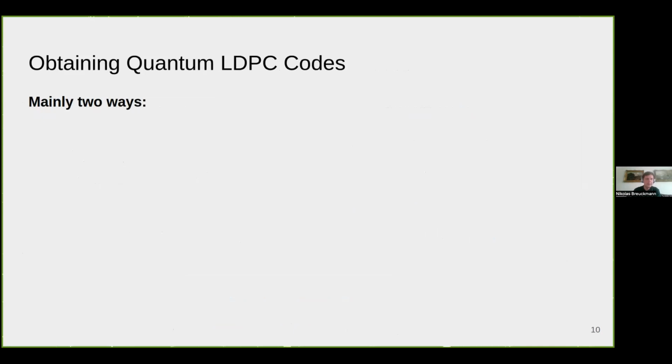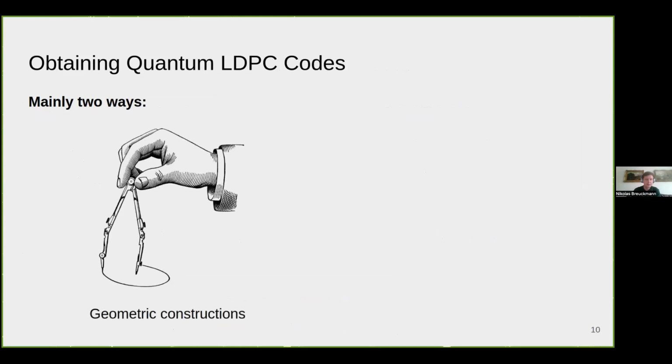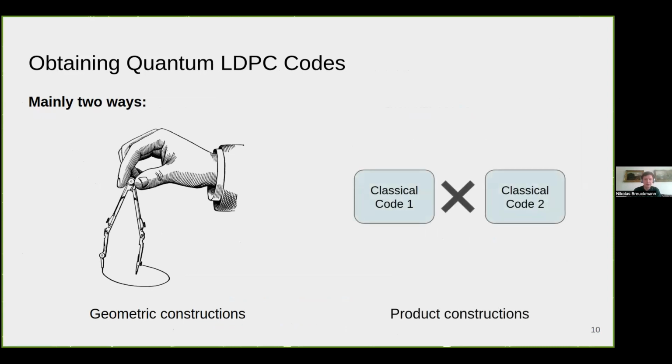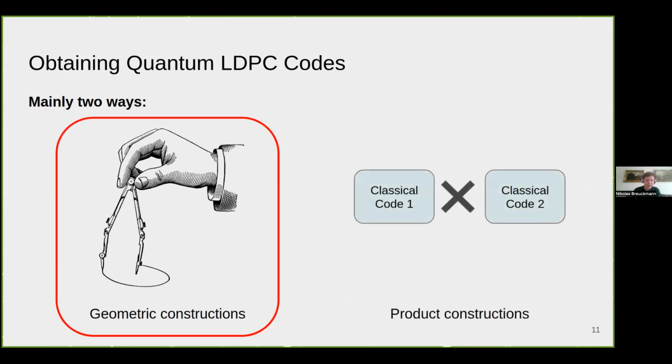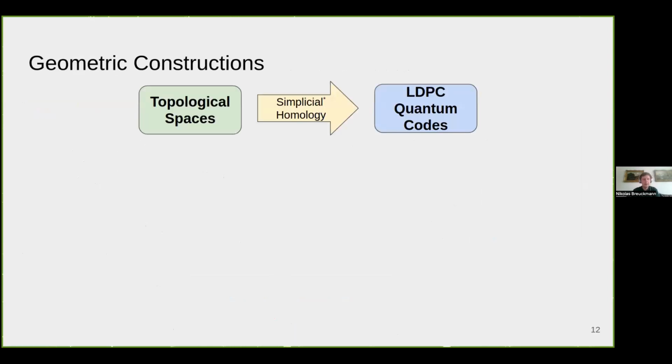Okay, so there are mainly two ways of getting CSS codes. First of all, there are geometric constructions, and then there are so-called product constructions. I will start with the geometric constructions first. The idea behind geometric constructions is using simplicial homology.